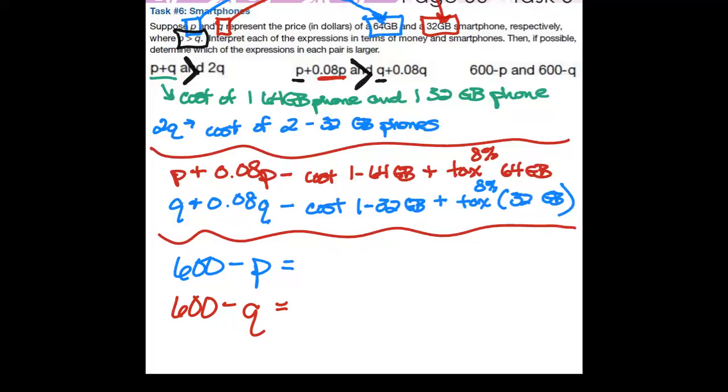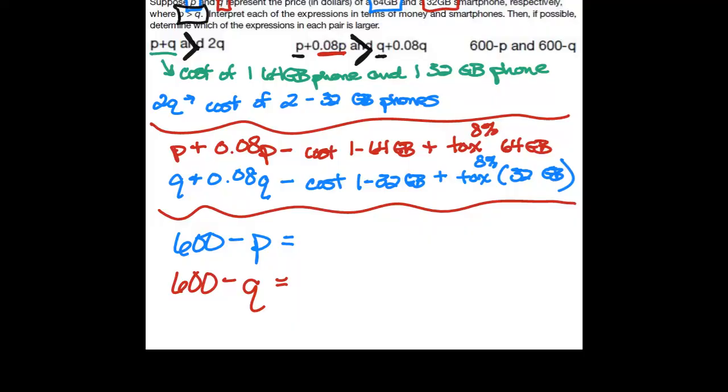Yeah, kind of. Close. You're so close. It's how much you're paying for it, right? It's the money you are giving. So 600 minus P is going to represent the change you get back, right? Does that make sense?